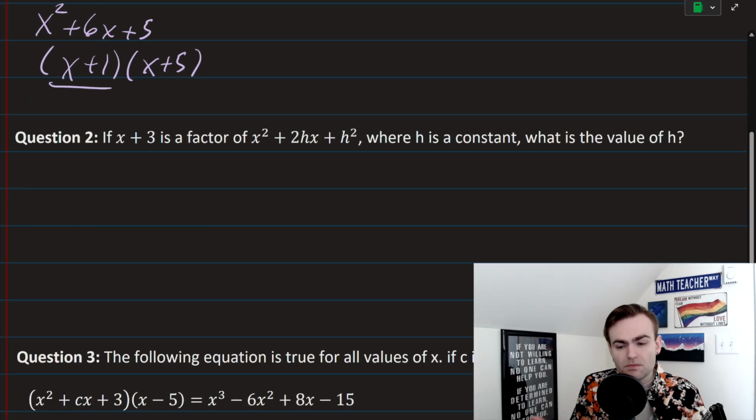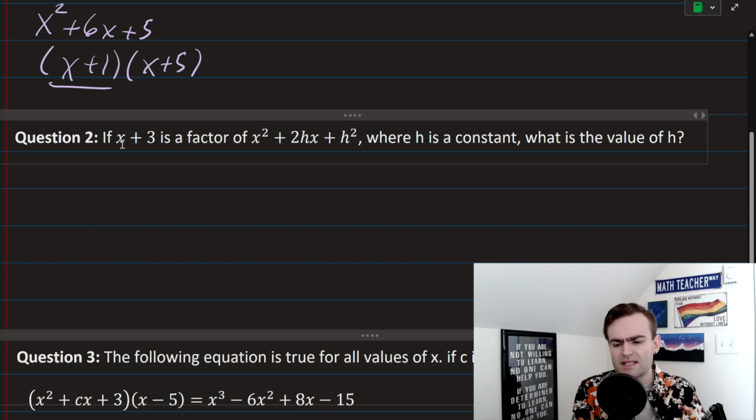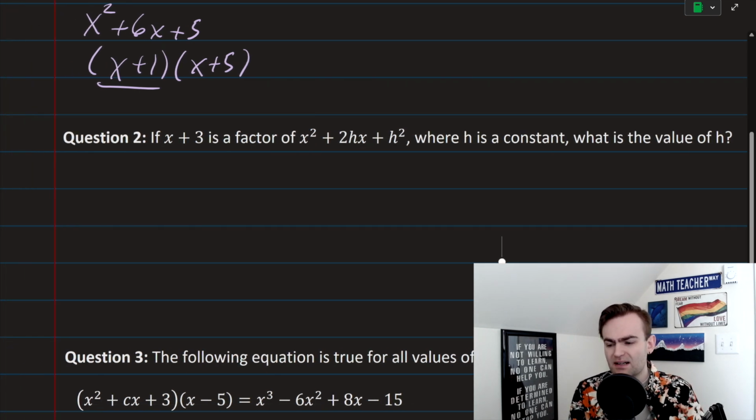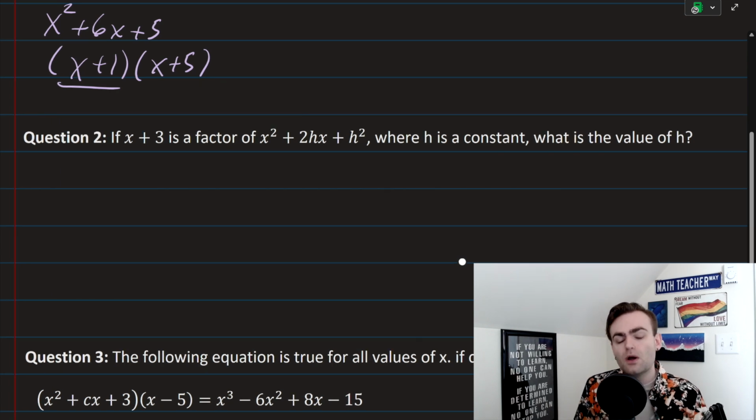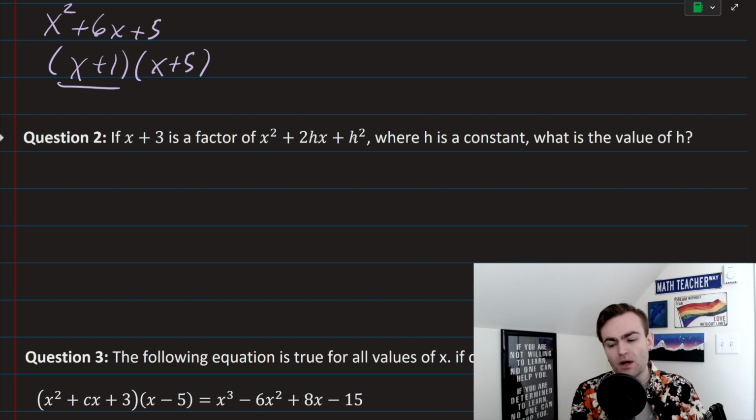Here's another interesting question. It says if x plus 3 is a factor of x squared plus 2hx plus h squared, where h is a constant, what is the value of h? Well, if I look at this form here, the only way for me to really factor this out would be to separate this a little bit.